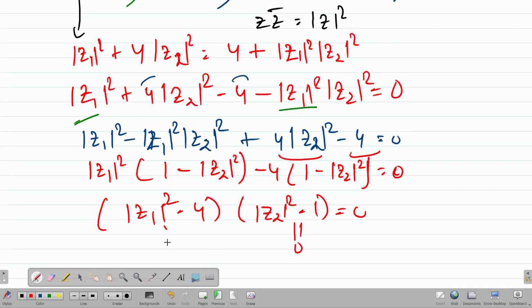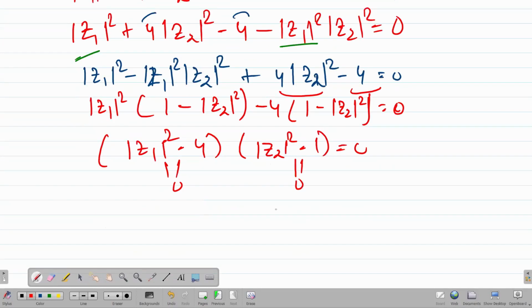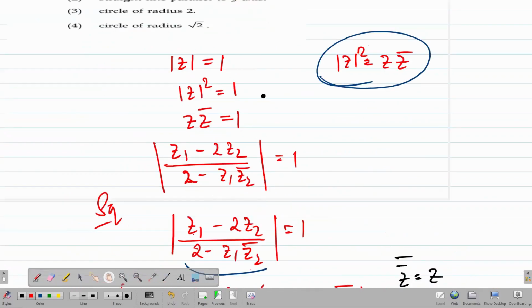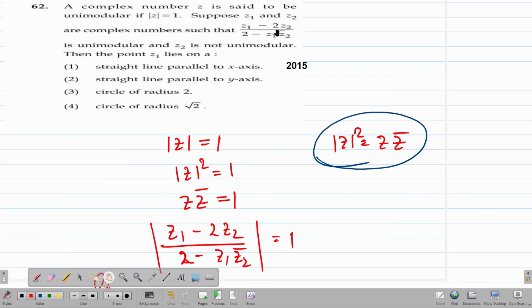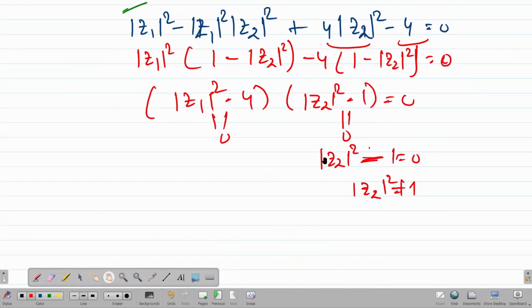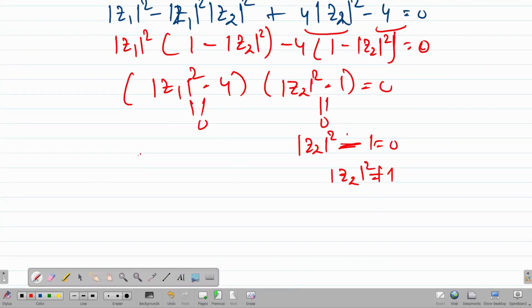So either this is 0 or this is 0, but this cannot be equal to 0. Why? Because one more condition was given to us, and that was that z2 is not unimodular. z2 is not unimodular, so this is not equal to 0. So what we get is that mod of z1 square minus 4 equal to 0, or mod of z1 square is equal to 4, or mod of z1 is equal to 2.